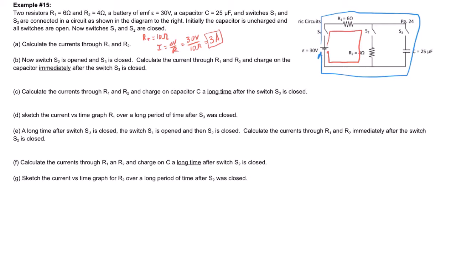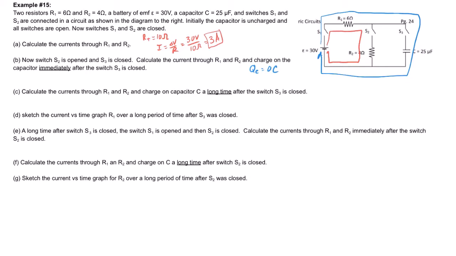Okay, well, immediately after the switch is closed, we already know that the charge on the capacitor is 0 coulombs. We know that's the case because the current hasn't started flowing yet. As soon as the switch is closed, there's no charge there. We treat it as if it was no potential difference, no charge, just a wire.